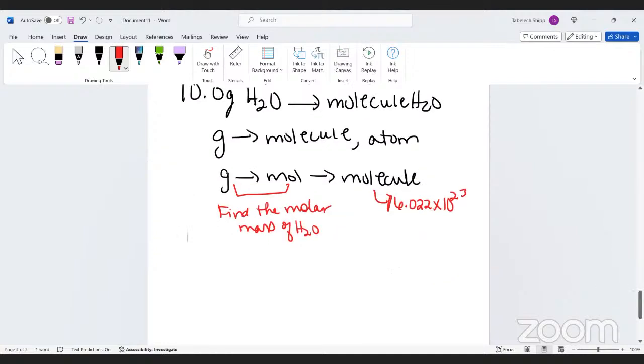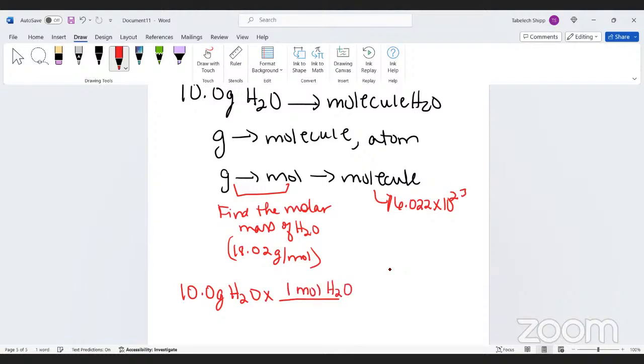I'm going to go very slow so you can see that. Earlier, we found the molar mass for water, which was 18.02 grams per mole, so we don't have to go through that step. You're going to say 10.0 grams of water times, on the very top, 1 mole of water, and on the very bottom, 18.02 grams of water.